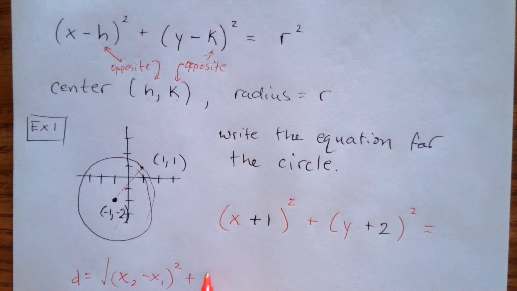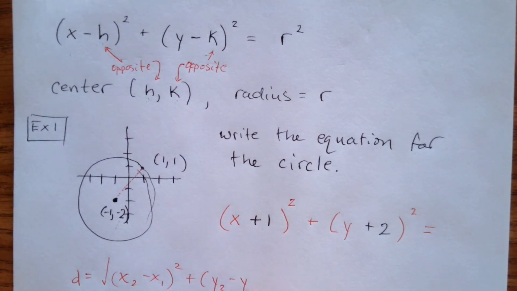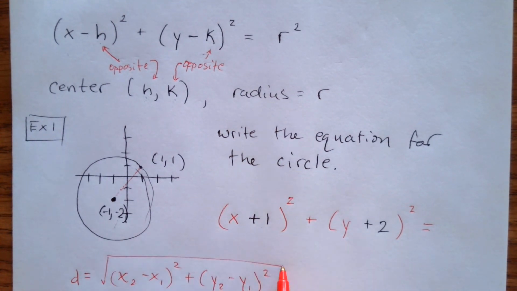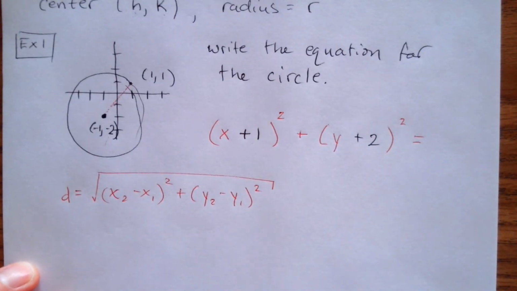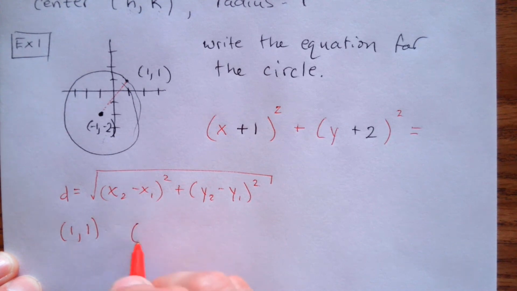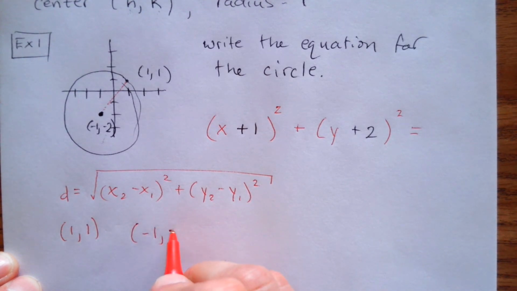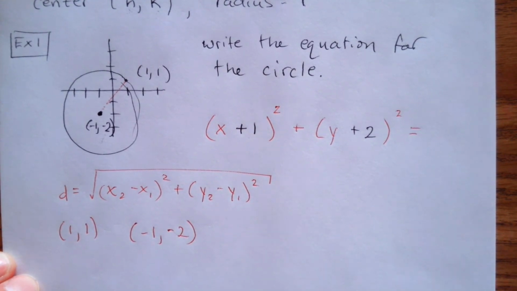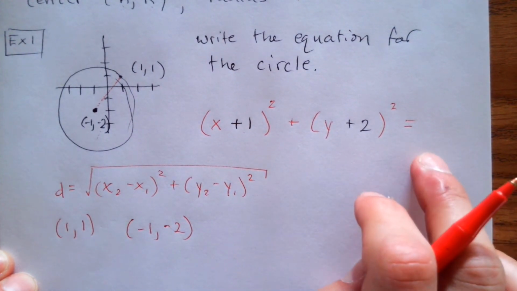I'll do all those steps. y2 minus y1 using this formula. But I'm going to do it with 1, 1 and negative 1, negative 2. So I'll do those steps real quick, and then I'll show you how to put it in here.